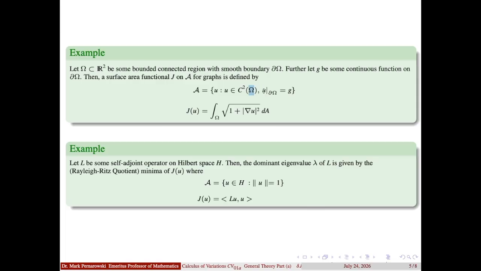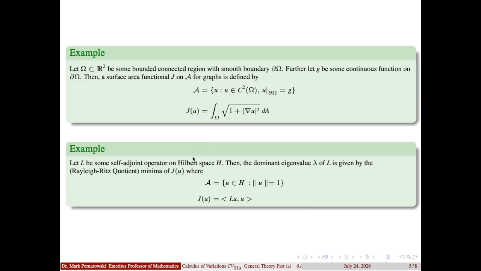And the additional constraint is that on the boundary of that circle, that's what this partial sign means, the boundary of the set omega, it's equal to some prescribed value g. So U is equal to some value on the boundary, but otherwise it can be wiggly and have some smooth shape. Its arc length is going to be given by the arc length formula from multivariate calculus, which is the integral of the square root of 1 plus the norm of the gradient squared. Does it have a minima? Typically, yes.